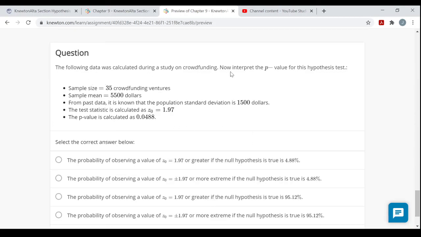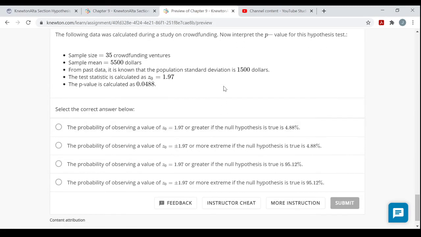All right, now it says here, now interpret the p-value. Remember, the p-value is 0.0488, which is 4.88%. Now remember, when we're doing a two-tailed test, you're talking about being on both sides.